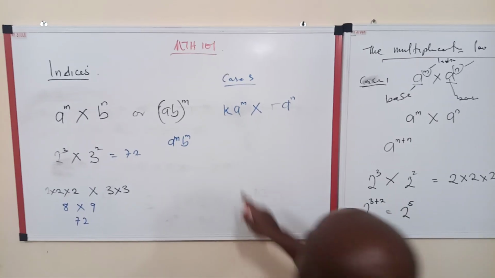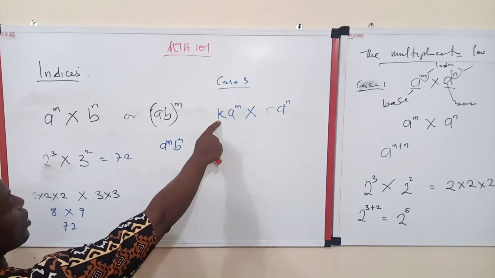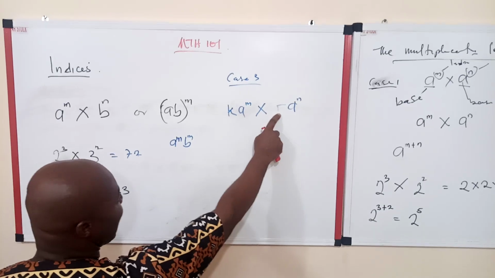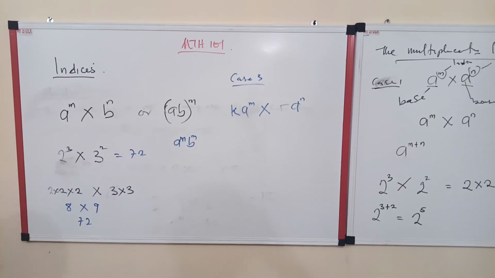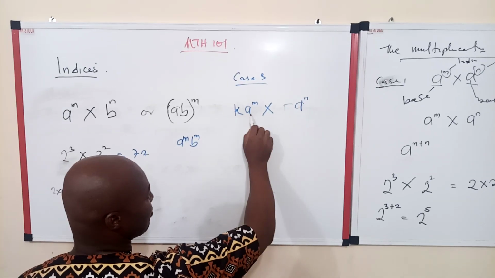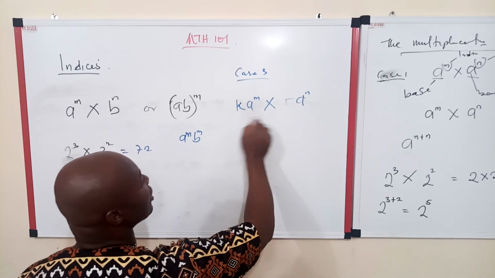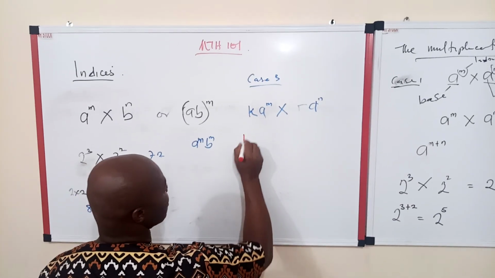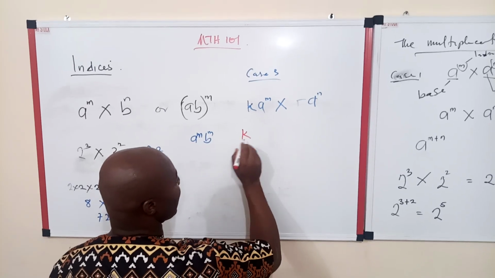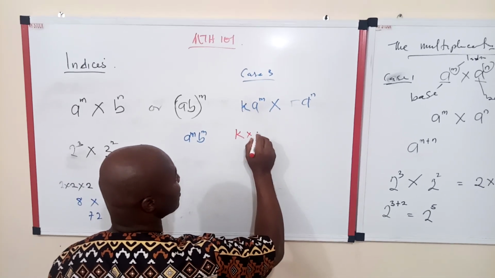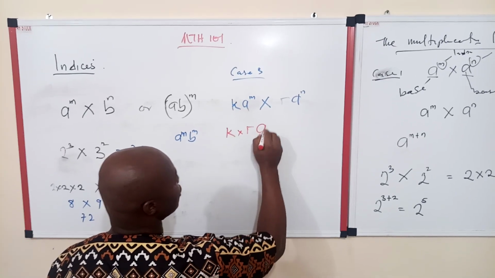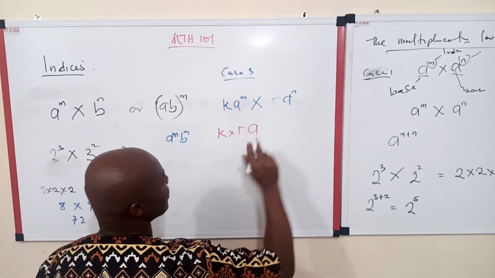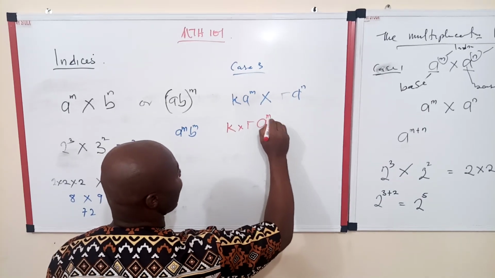But in this one, the coefficient k is a constant, and r is also a constant. Yes, the bases here are the same, but before you collect the bases, you multiply the coefficients first. So you write it in this form, k times r, then you collect one of the bases, which is a, because the bases are the same as we did in the first case.